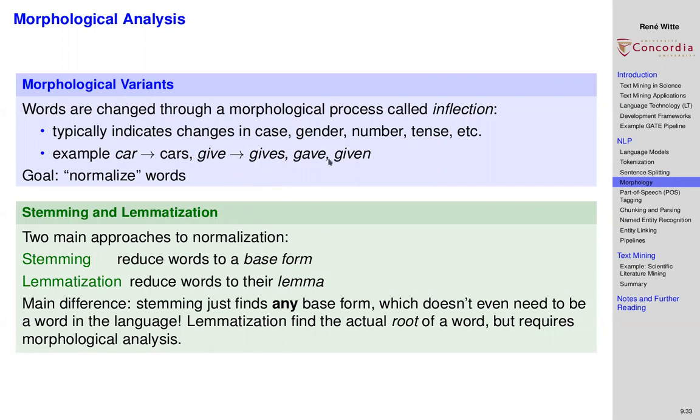For example, for one of these here, the root form, the lemma is give. For cars, it is car. In stemming, you just reduce the word to any kind of base form. I'll show you an example in a minute, but it doesn't have to be a real word. It's just a base form of the word.